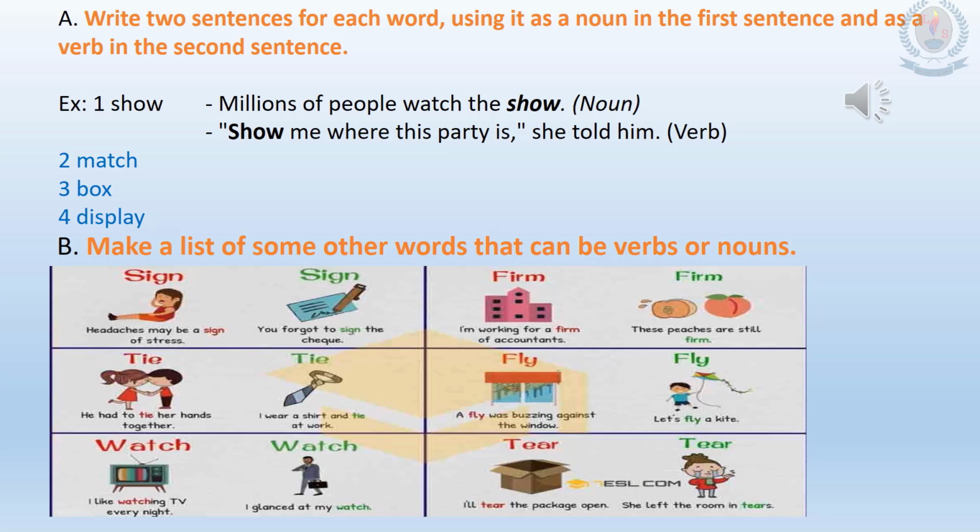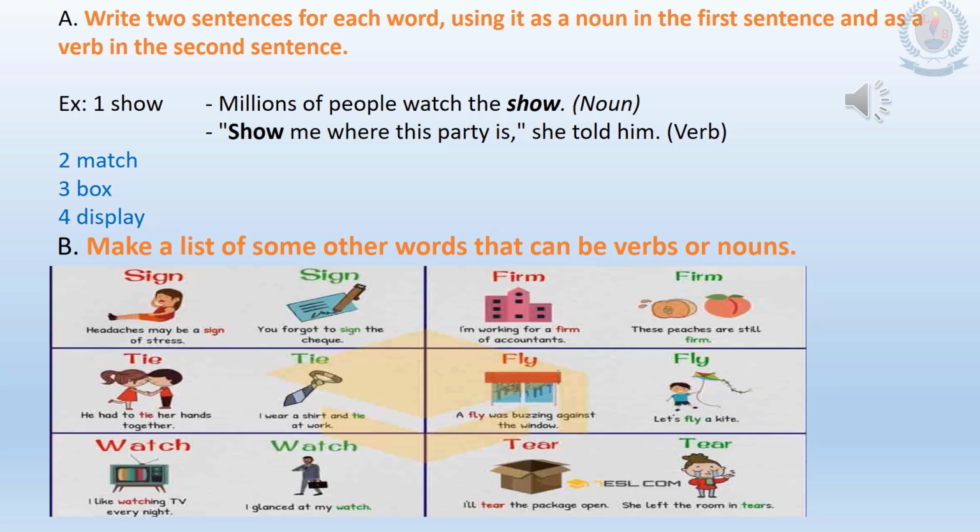Next one, show me where this party is, she told him. So here the word show acts as a verb. So my kids, you have to make sentences for these words: match, box, display. That means one sentence as a noun, the second sentence as a verb.